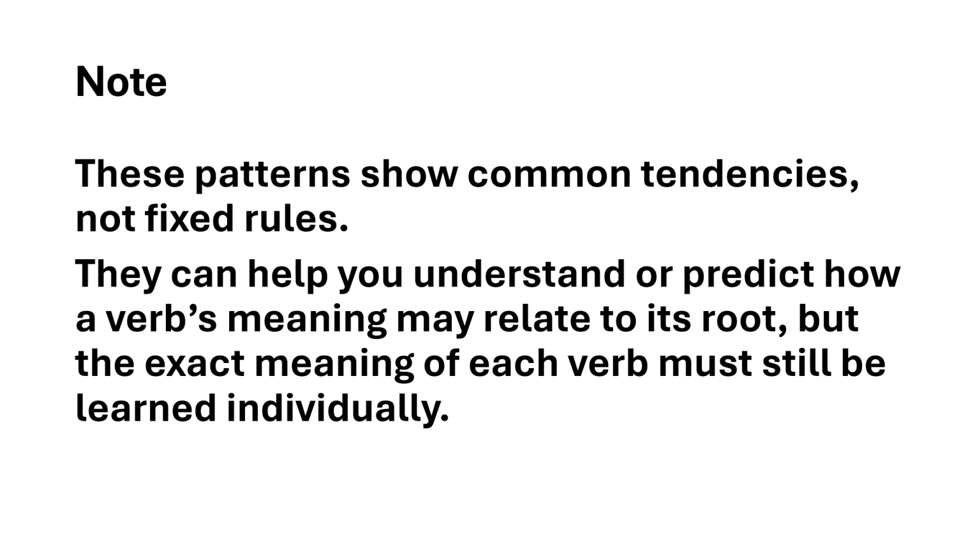One note, these patterns show common tendencies as I've mentioned, but they are not fixed 100% black and white rules. They can help you understand or predict the verb's meanings and how that may relate to the root, but the exact specific meaning for each verb must still be learned individually as it may vary.